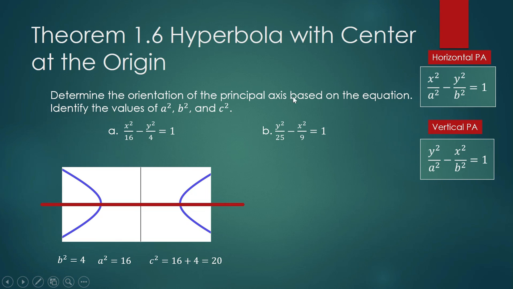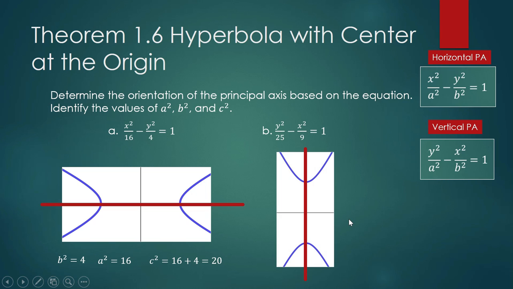How about for our second equation? The term that comes after subtraction is x squared. So this one fits this equation. So its principal axis is standing up, it's vertical, and so in our hyperbola, one branch faces up, the other branch faces down.